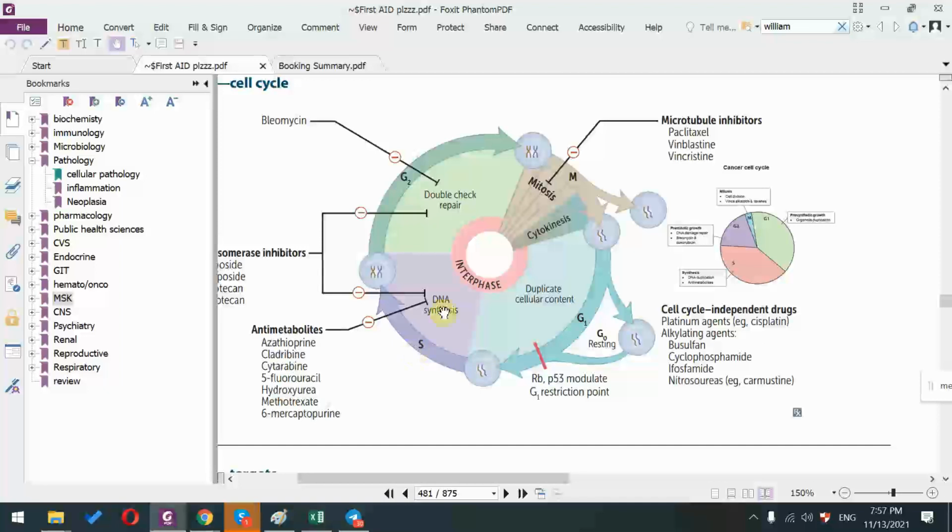Then at S phase you start synthesizing DNA. Then you make more DNA. As you can see here, it's only like 2 single strands, and here there are 2 double strands. Then if there is any mistake, you repair that at the G2 phase. Then the division of the cell occurs during M phase, which is mitosis, in which the one cell is divided into 2 cells, and then it goes again.